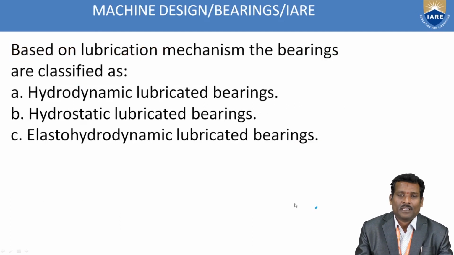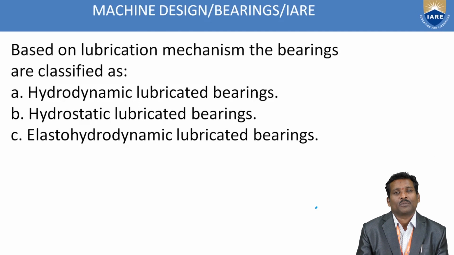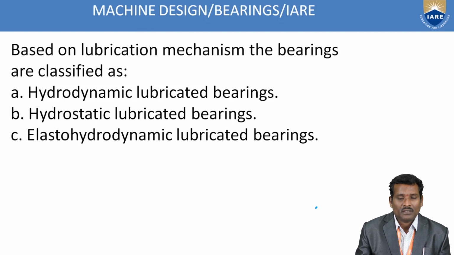Next classification: based on the lubrication mechanism, bearings are classified into three types. One is hydrodynamic lubricated bearings, the second is hydrostatic lubricated bearings, and the third is elastohydrodynamic lubricated bearings. Don't confuse this with the previous classification.